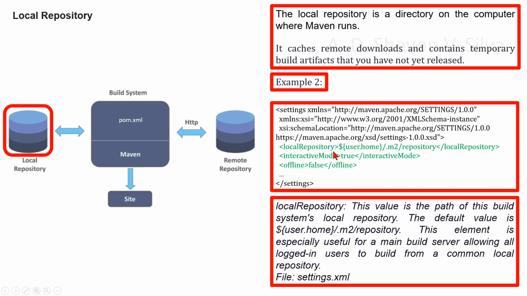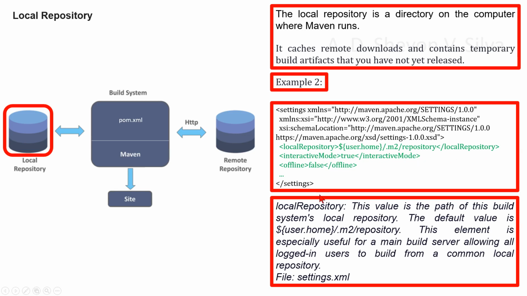The default value is $user.home then .m2 then repository. This element is especially useful for a main build server, allowing all logged in users to build from a common local repository.